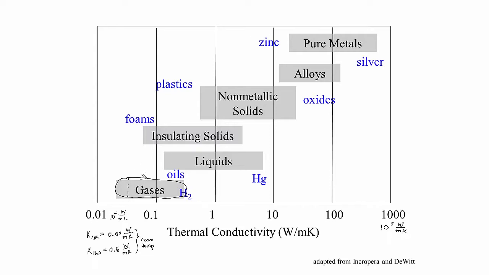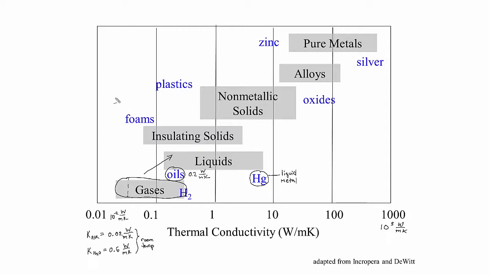As we look at liquids, we get increasing thermal conductivities. Insulating liquids like oils are the smaller values. So for example, 0.2 as an example of an oil thermal conductivity. Whereas as we look at a liquid metal, like liquid mercury, we get significantly higher thermal conductivities.